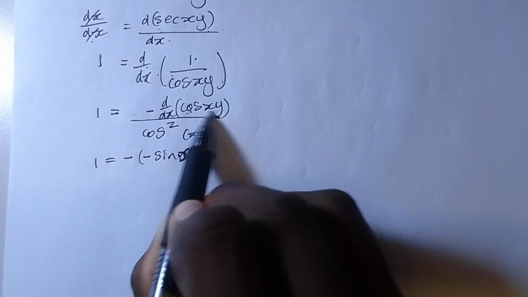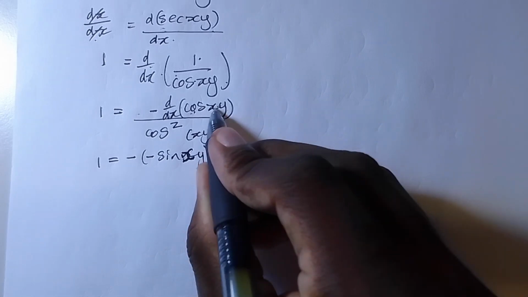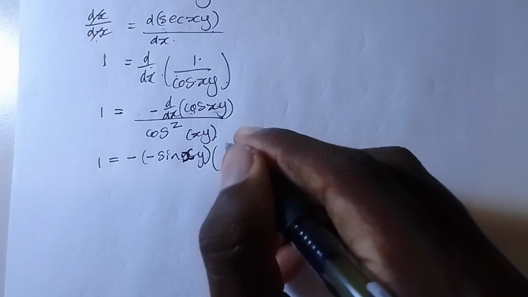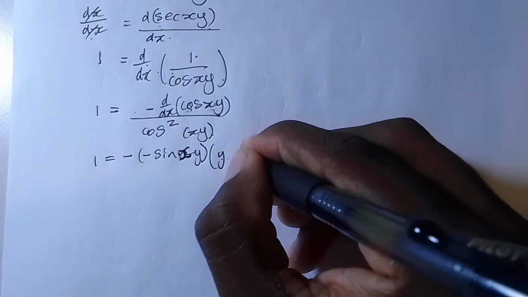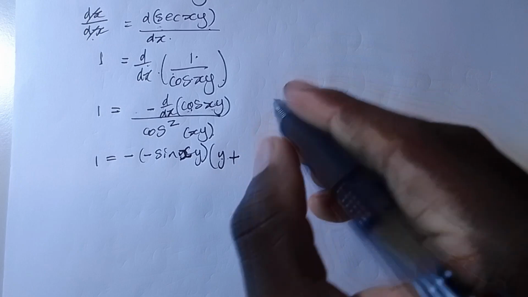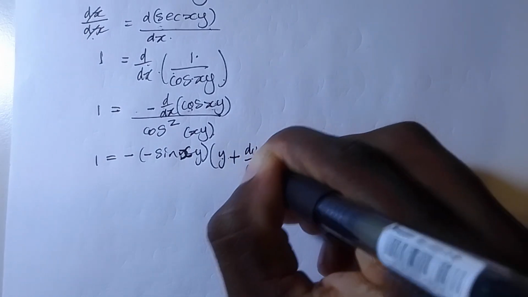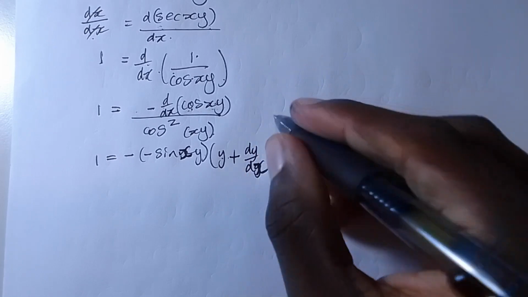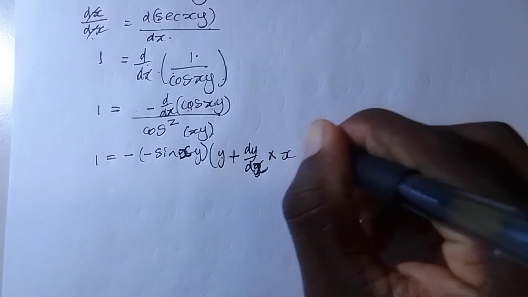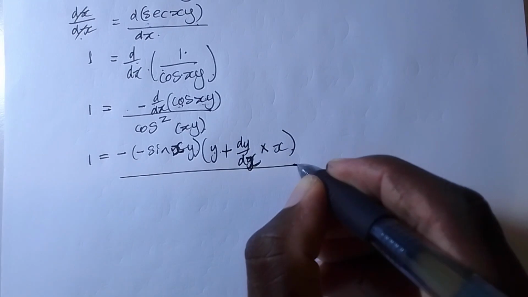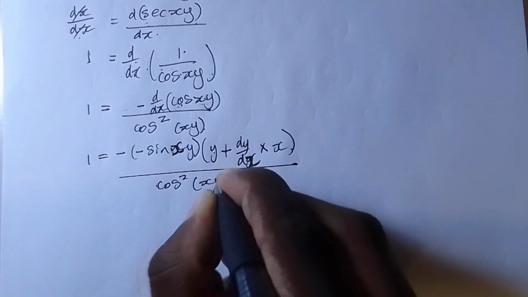We go to the inside, we use the product rule to differentiate. So we say the derivative of x is 1 times y plus the derivative of y, which is dy on dx, times x, all divided by cos squared xy.